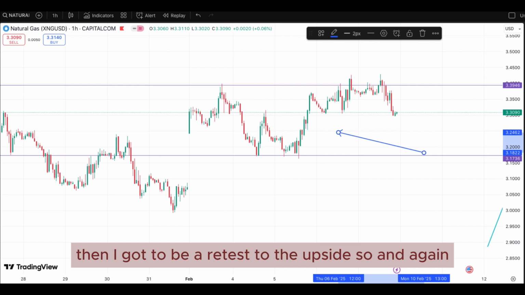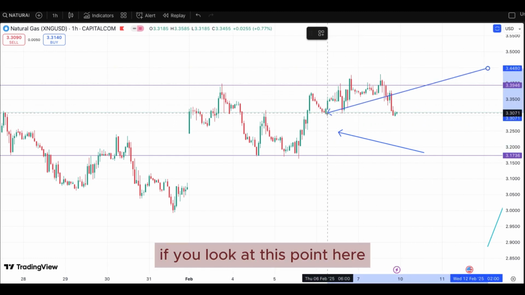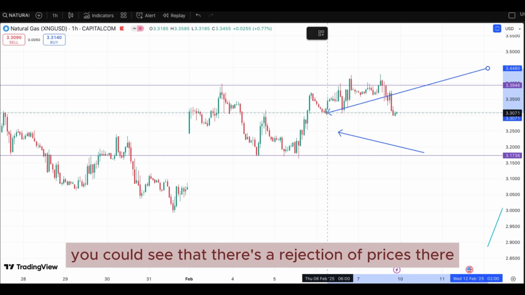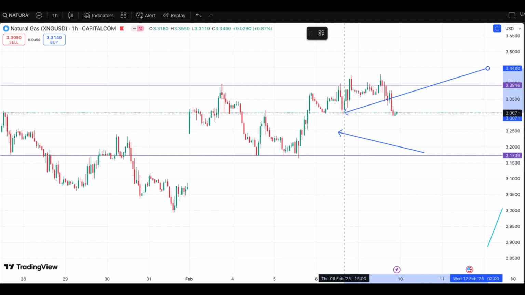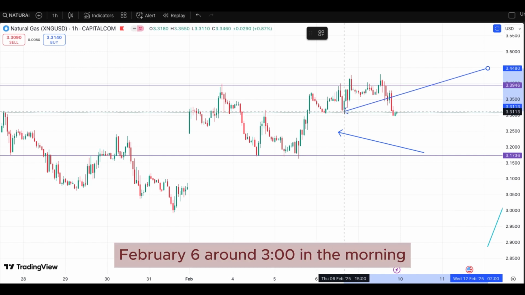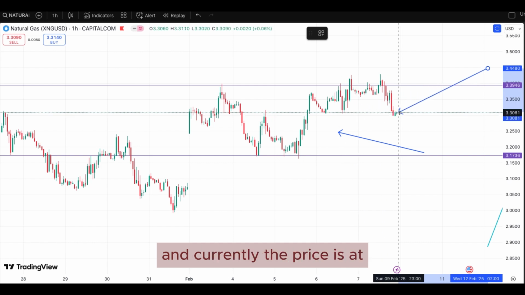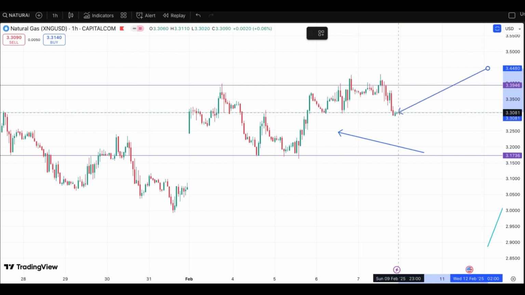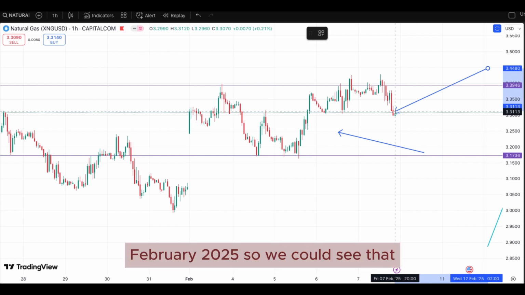Again, if you look at this point here, you can see there's a rejection of prices. February 6, there's another rejection, around 3 o'clock in the afternoon. Currently the price is at 3.3090, and there's also a rejection as at Friday, 7 February 2025.